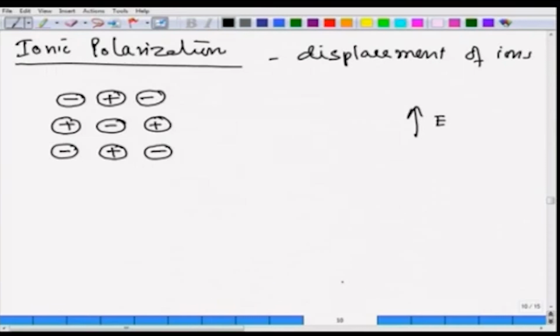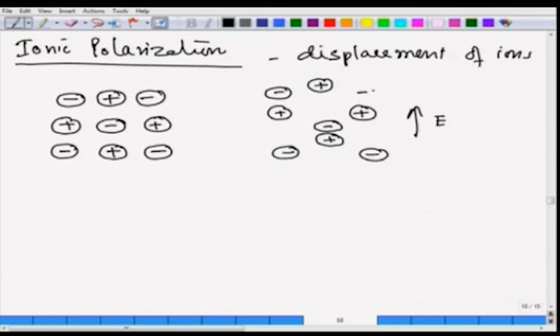If I draw this, this is a positive charge which has displaced slightly, and a negative charge which has come here, and a positive charge which has moved away, and another positive charge moved here, and a negative charge which is here. So the whole negative charge has moved down, and the whole positive charge has moved up slightly.